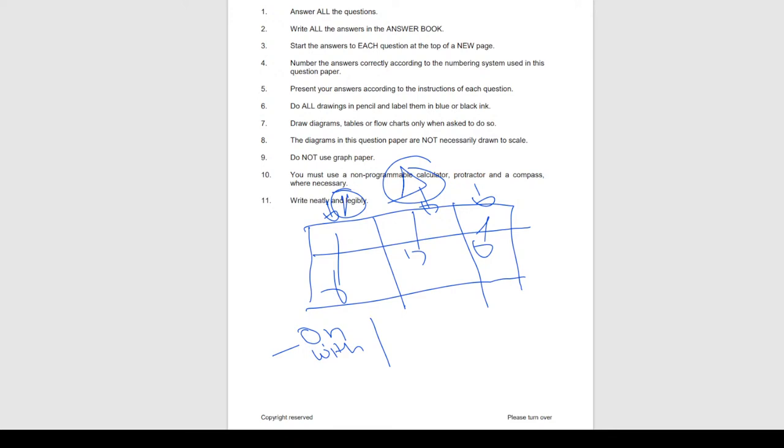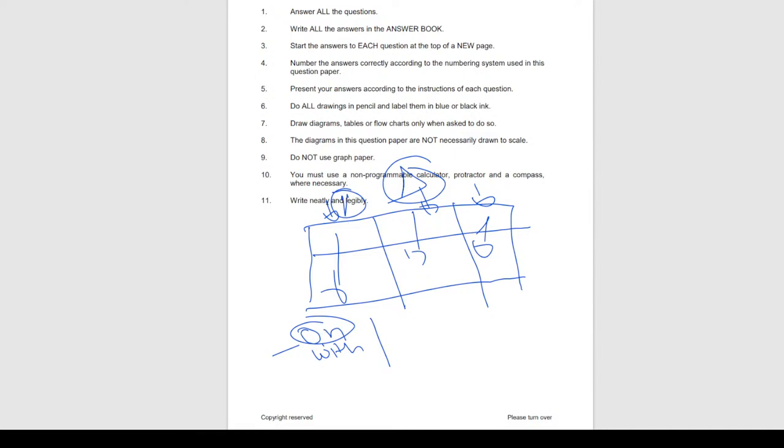That's what it means. So the effect of this on this. You understand? Whenever you see on, the first is independent, the second one is dependent. I think I'm clear there.